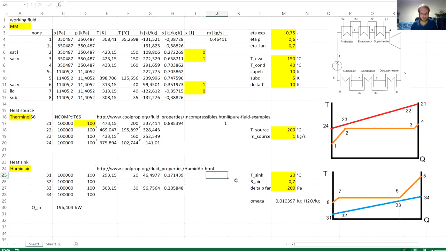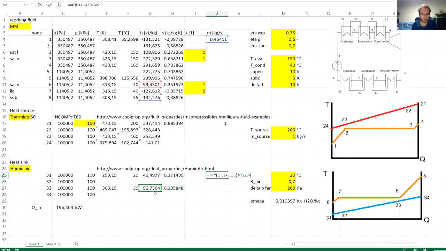Okay, and now the mass flow rate of the cooling air going through the condenser is the mass flow rate of the ORC multiplied by the enthalpy difference 6 and 8, so H6 minus H8, and this divided by the enthalpy difference 33 minus 31.